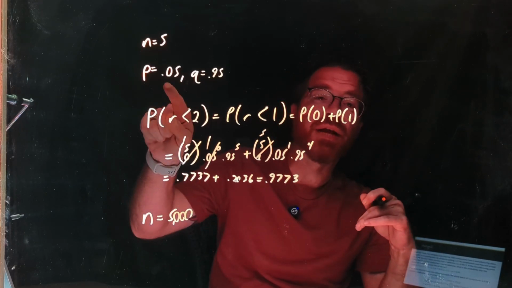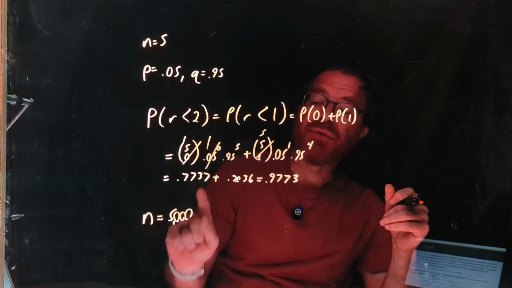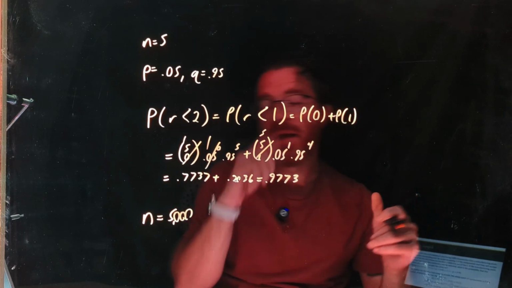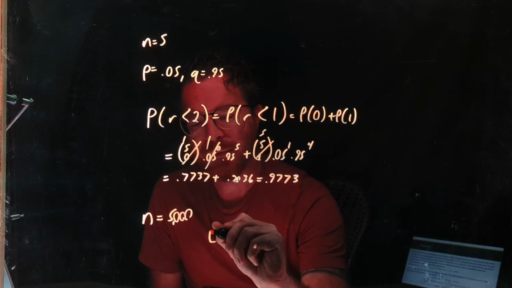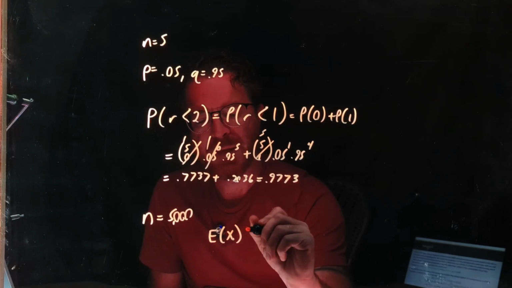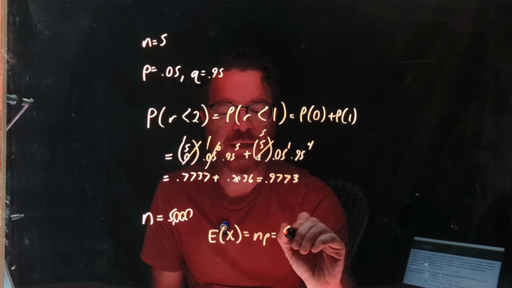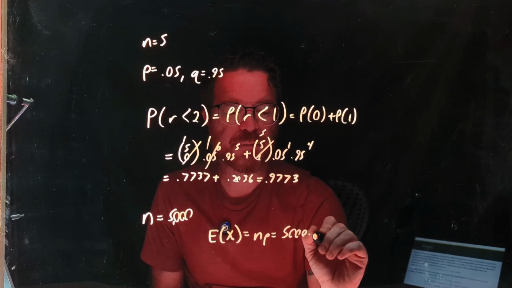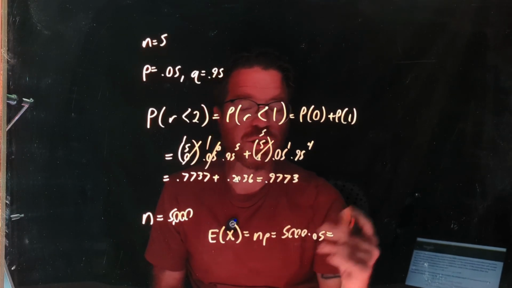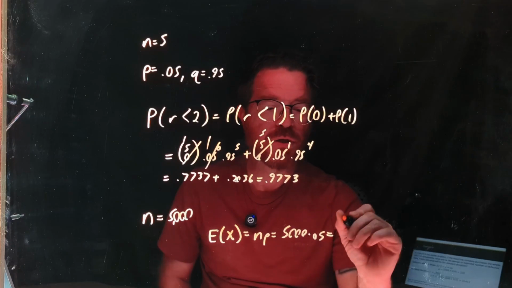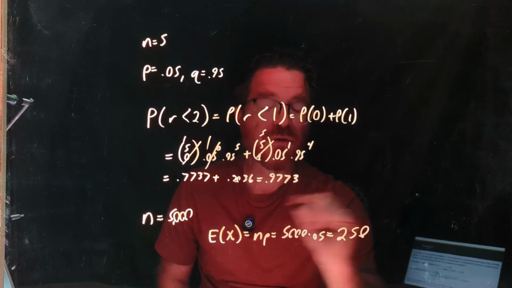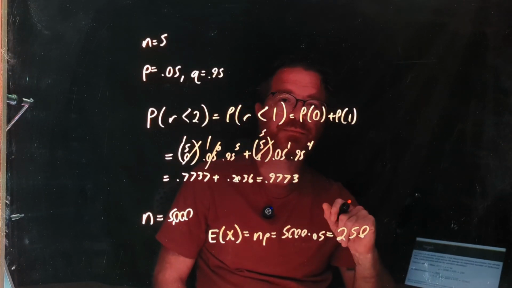Based on having a fault rate of 0.05, and we have 5,000 products, this means that our expected value is going to be, if you remember for binomial, it's N times P, it's going to be 5,000 times 0.05, which is just going to be equal to 250 faulty components.